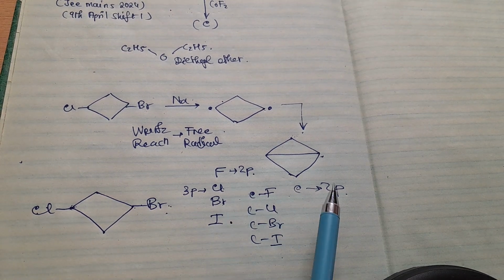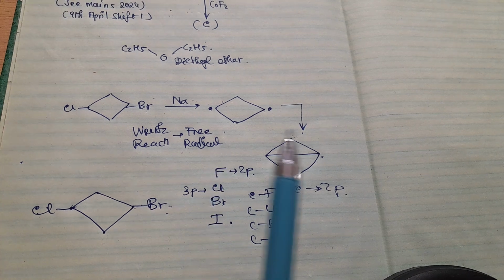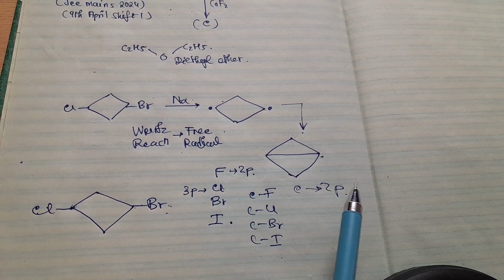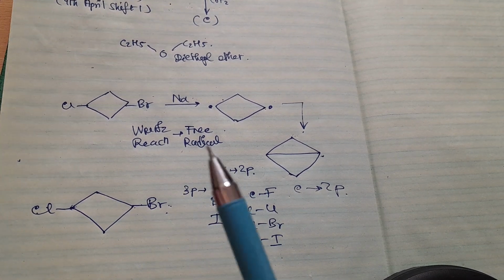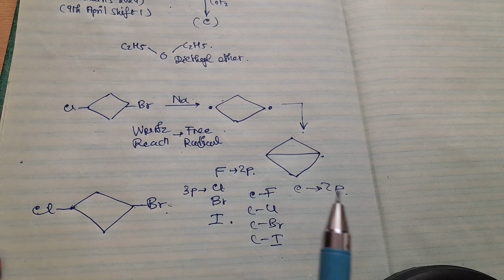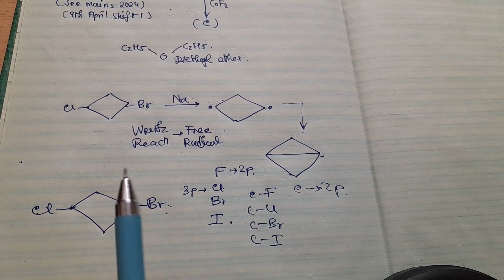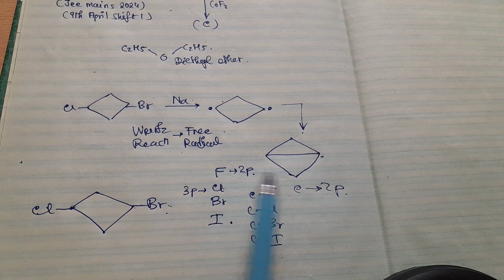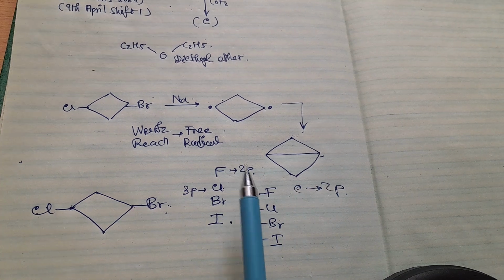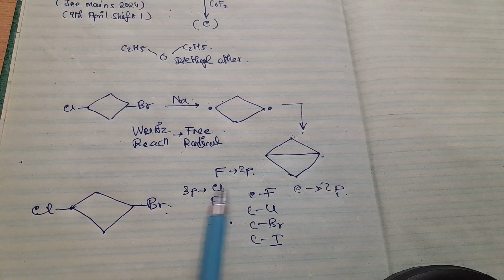So for a 2p-2p overlap, since the orbitals are of the same kind, the bond generated when two similar orbitals overlap is more stable than a bond which has a higher energy difference. For instance, the 2p-2p bond is more stable because it has a smaller energy difference than a 2p-3p bond.